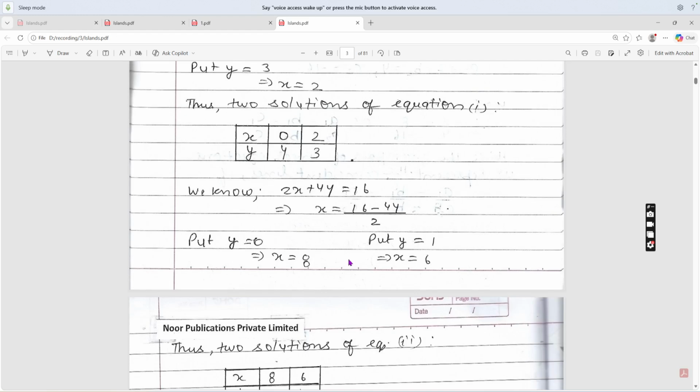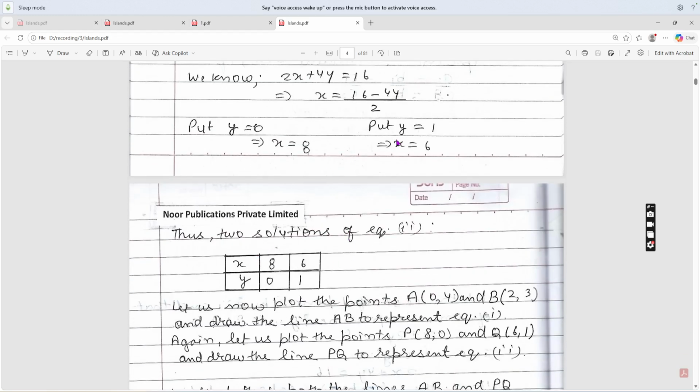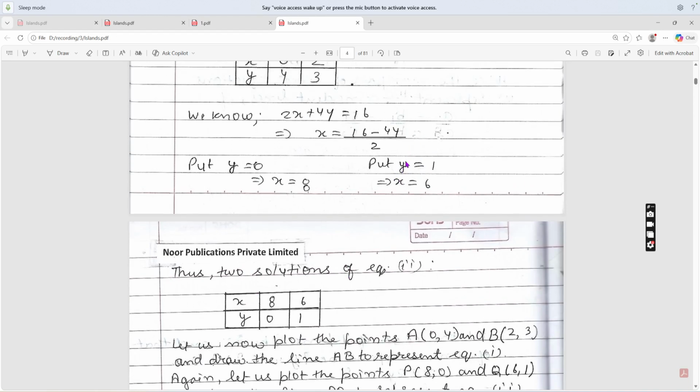Now one more value we are going to find out. Now we are going to put y is equal to 1. When we take y is equal to 1, then it would be 16 minus 4 into 1. 4 into 1 is 4. 16 minus 4 is, sorry, that is 12.